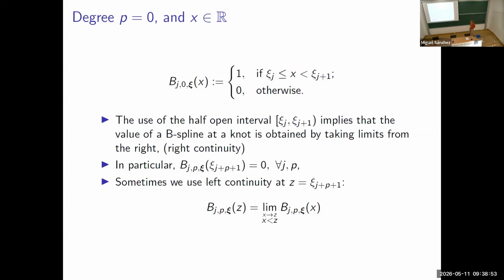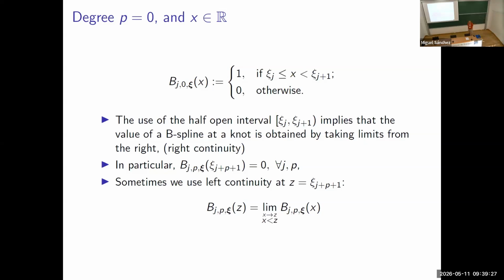We use the half-open interval here, so that the value of a B-spline at the knot is obtained by taking limits from the right, what's known as right continuity. In particular, at Cj plus 1, bj0 will be 0. So it's always 0 at the right endpoint according to this definition.